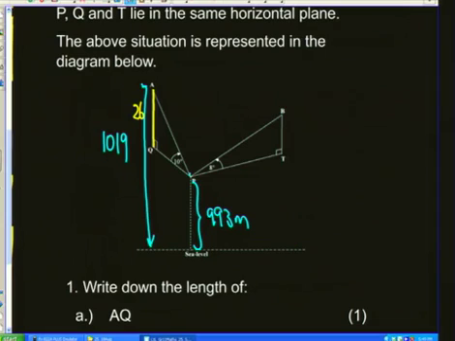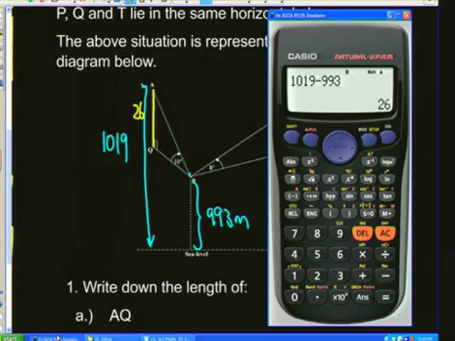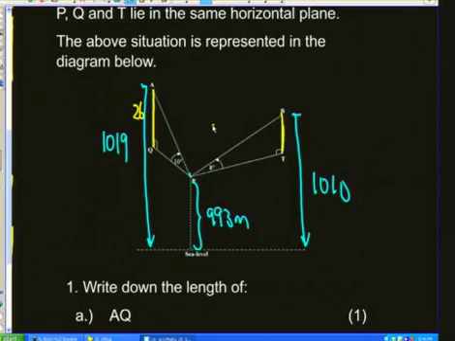Okay, this distance from there to there is 1,010. So that's just slightly lower than what point A is. And it allows me to now calculate what BT is. So 1,010 minus 993, that gives me 17. So I know that this length over here is 17.